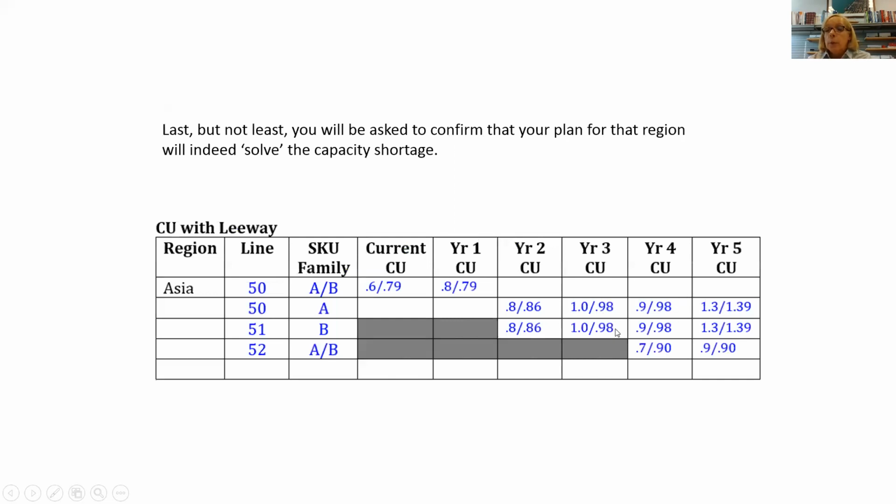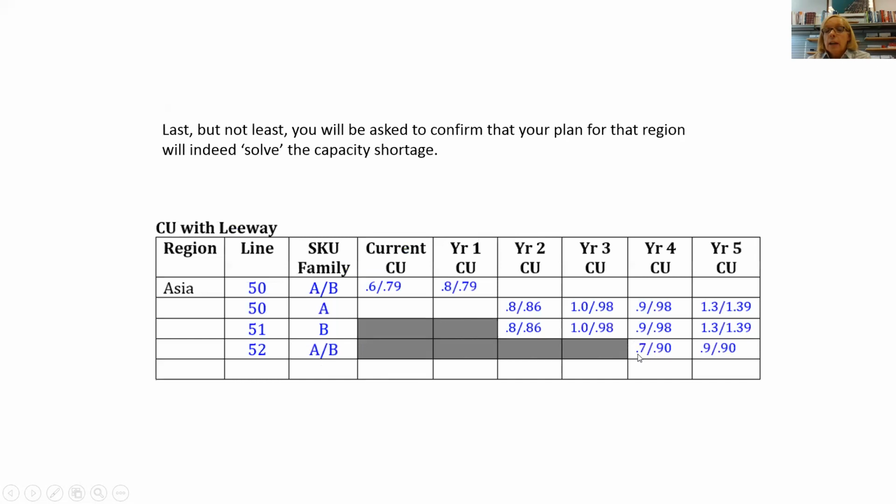Then what happens in terms of that flexible line is that it's going to come into play in year 4. We'll see it's here at line 52. It's going to catch the slack from what we need from A and B to be able to cover our total demand with leeway. So we're adding that flexible line.